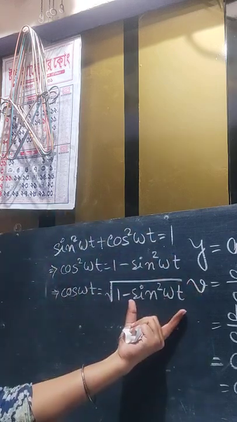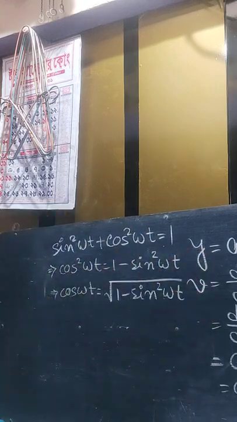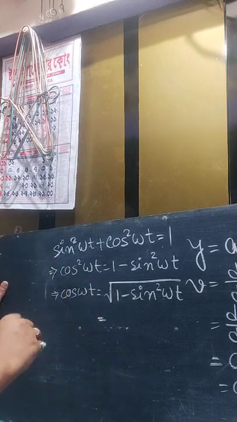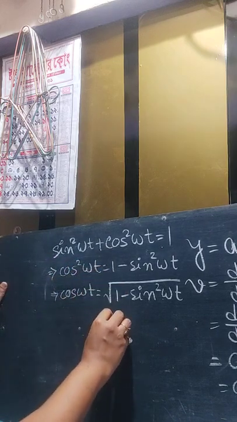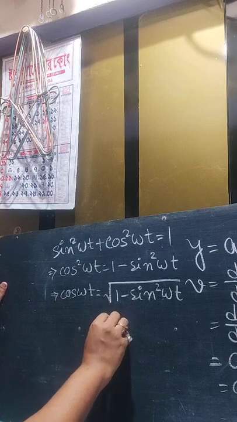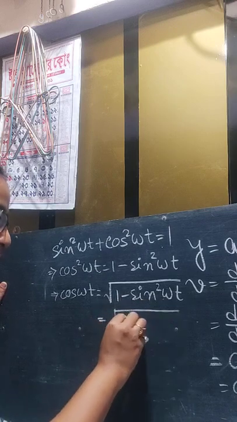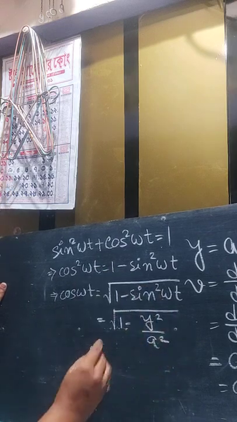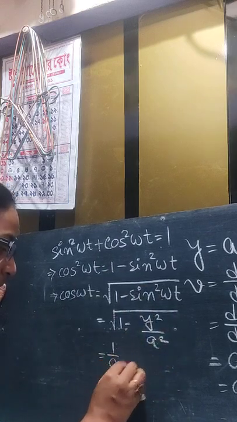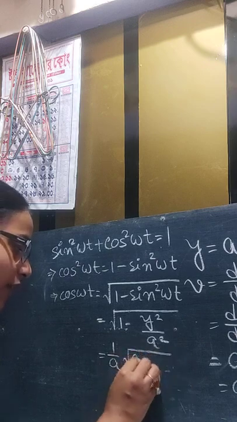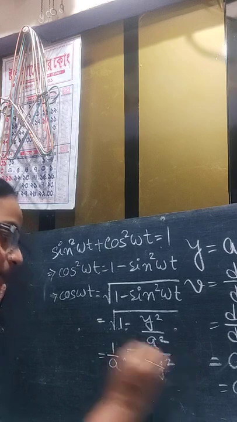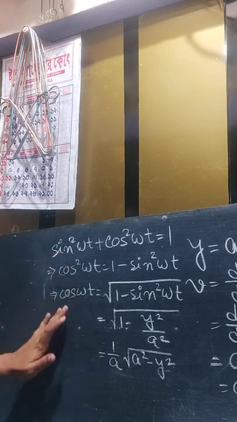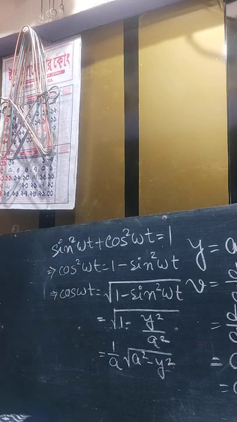Now, what is sin omega t? That is y by a, right? So, we can write 1 minus y square by a square. If we simplify this part, it is 1 by a root over a square minus y square, right? Hopefully it is clear, the value of cos omega t.